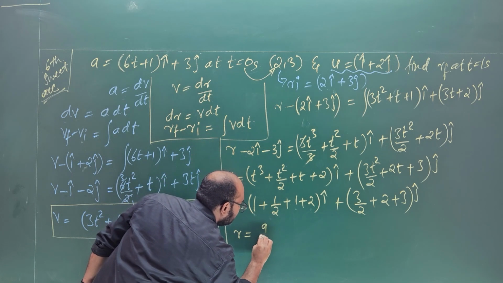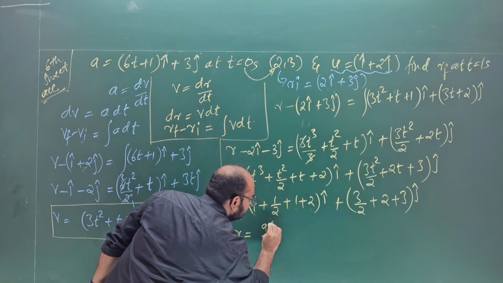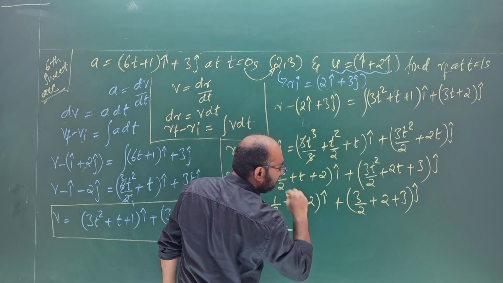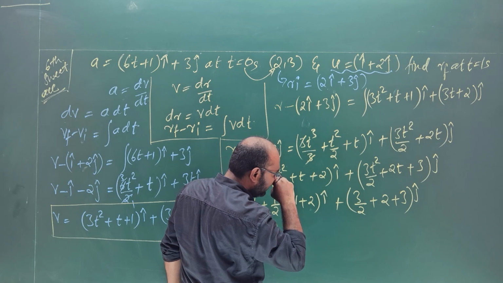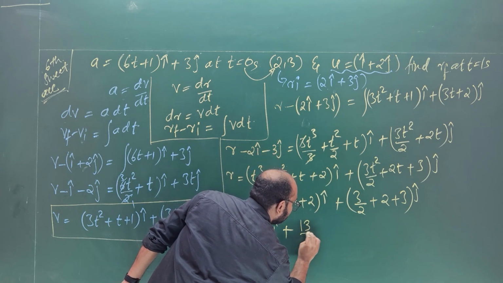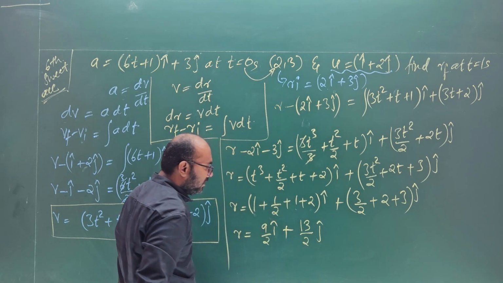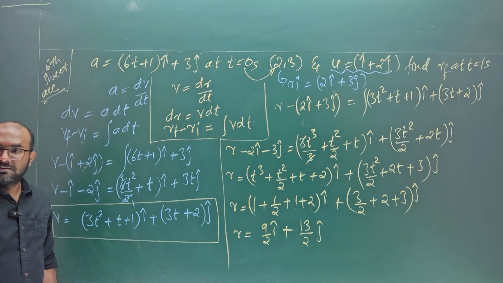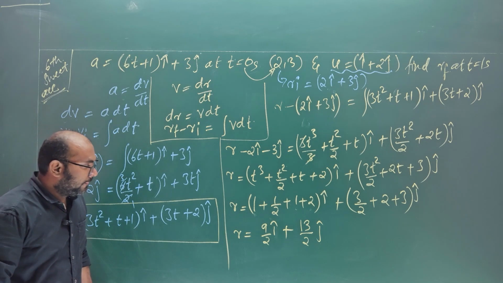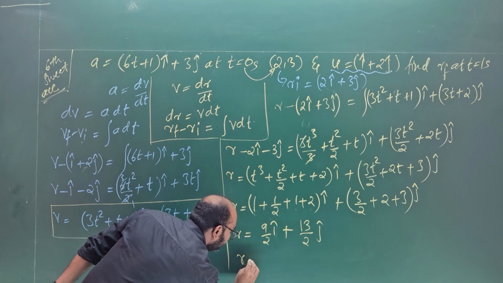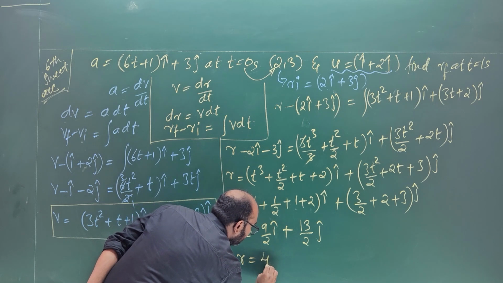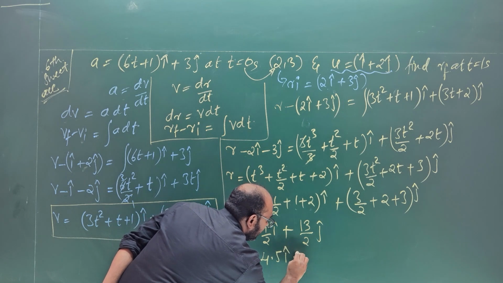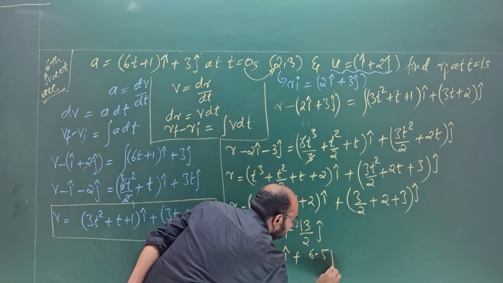So r is equal to 9 by 2 i cap plus, 3 plus 2 is 5, 5 plus 3 is 13, so 13 by 2 j cap. How many of you got this answer? Very good. So finally we can also write that in decimals, that is 4.5 i cap plus 6.5 j cap.